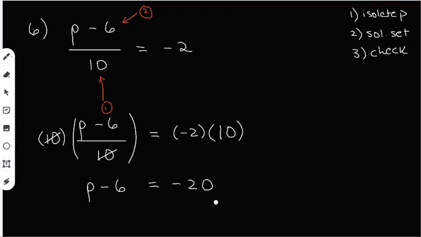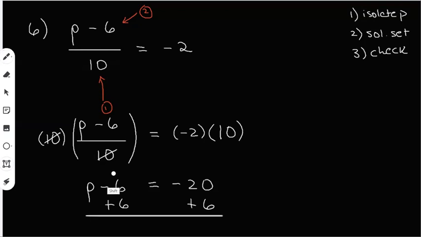So now I just need to get rid of the -6, and everything would be good, right? To get rid of -6, we need to add 6 to both sides. That is the opposite of a -6.